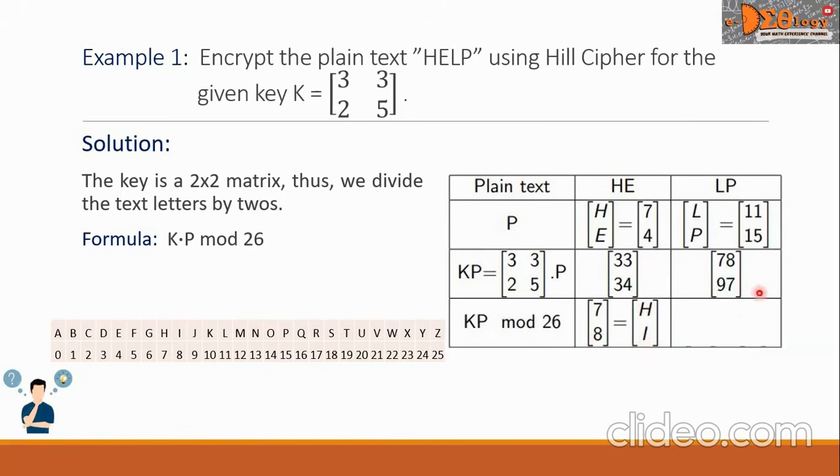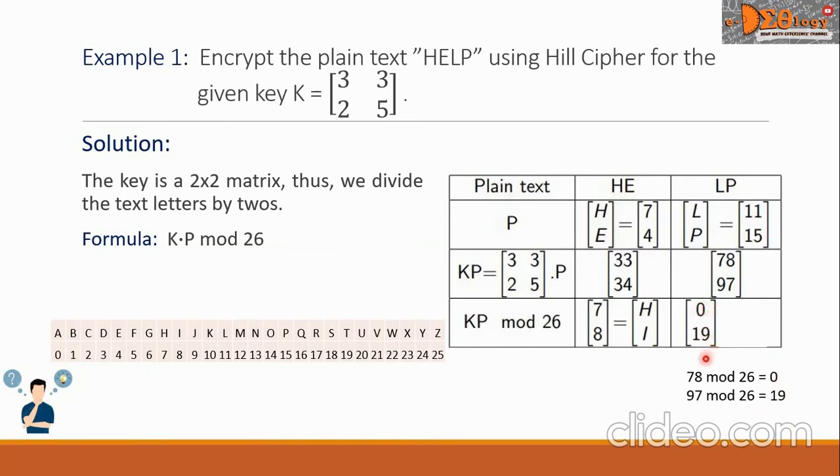We will do the same for the KP of LP. So we have 78 mod 26 equals 0, 97 mod 26 equals 19. And we write this 0 and 19 as column matrix.